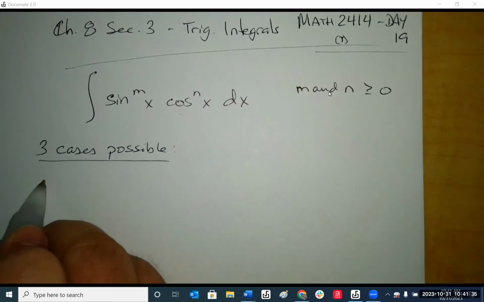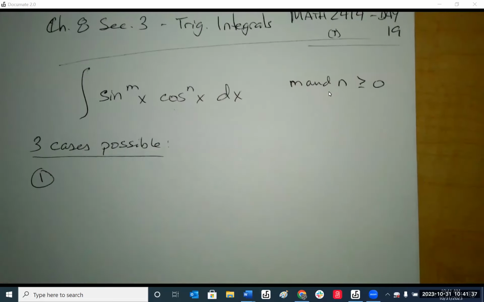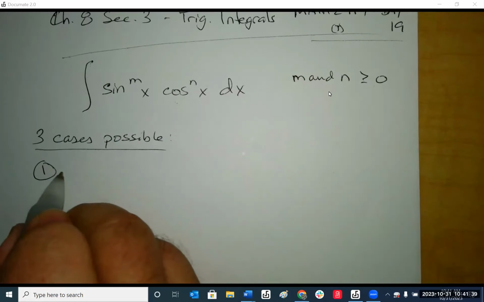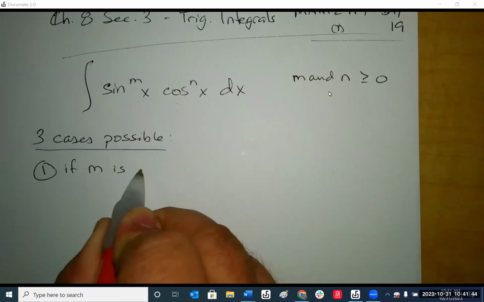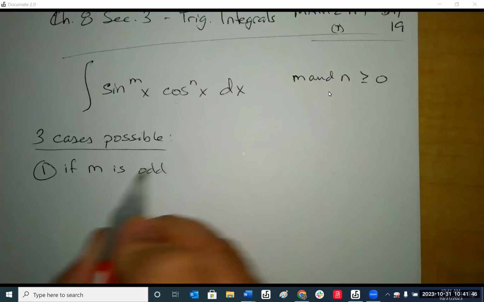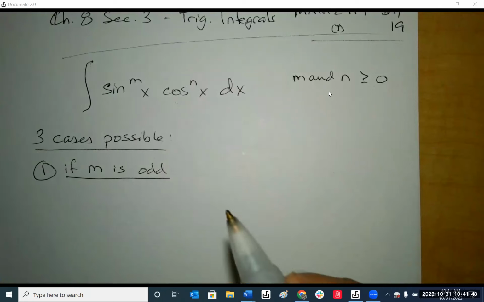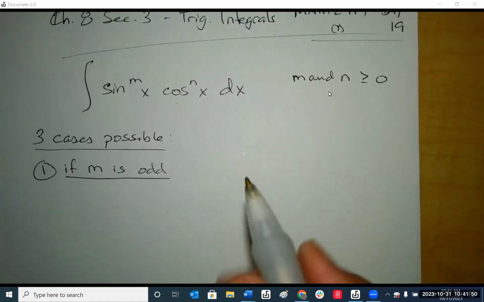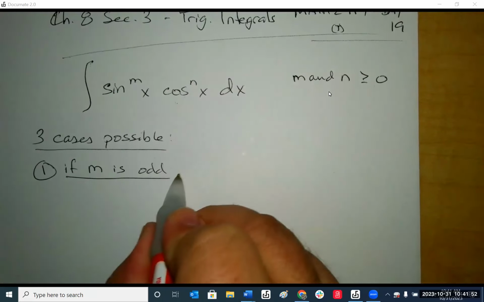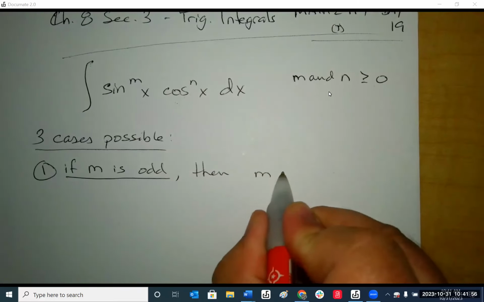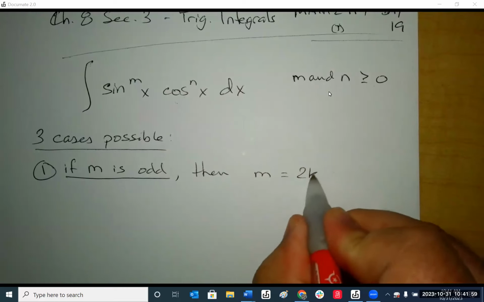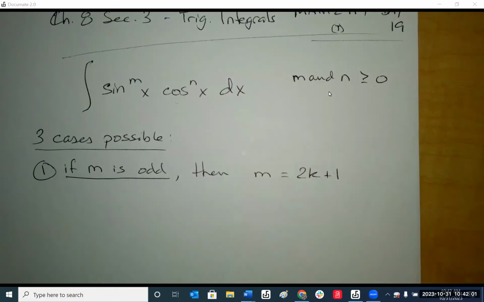Here's case 1. If m is odd, if that's the case, then we write m as 2k plus 1.